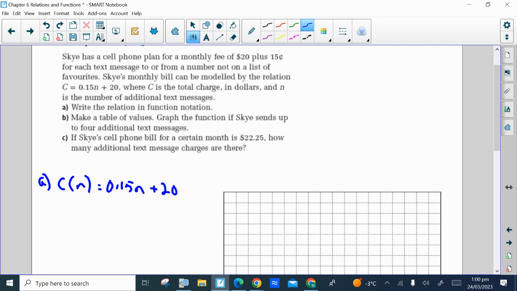That's the only difference. Instead of just C equals something involving N, it's C at N equals. That makes it function notation.